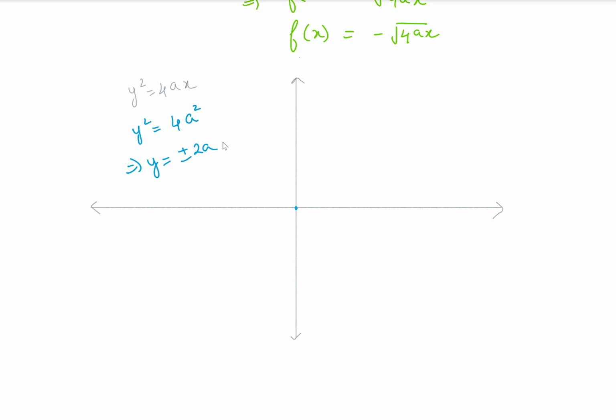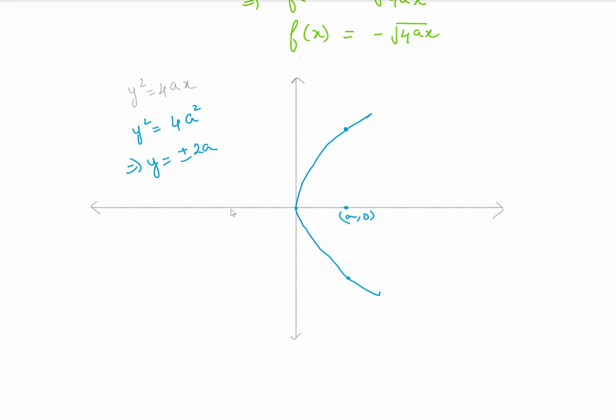So if a is positive, this is a comma 0, then 2a is going to be somewhere here like this, and minus 2a is going to be somewhere here like this. And so we have a parabola which goes something like this.